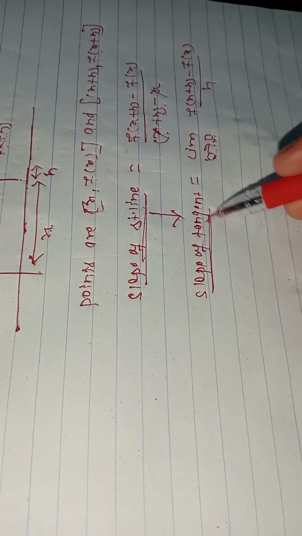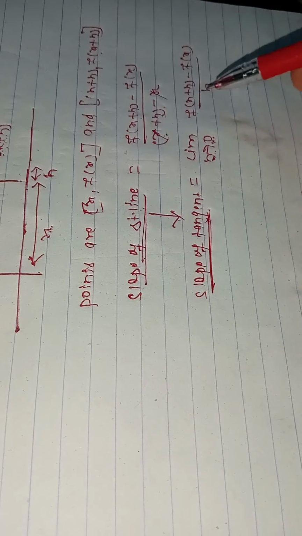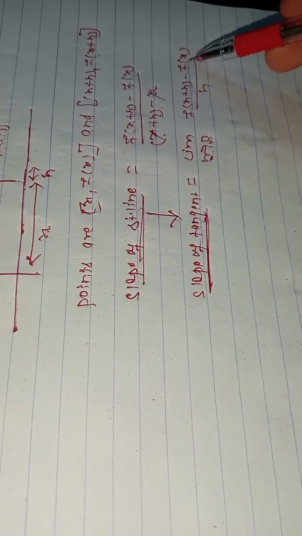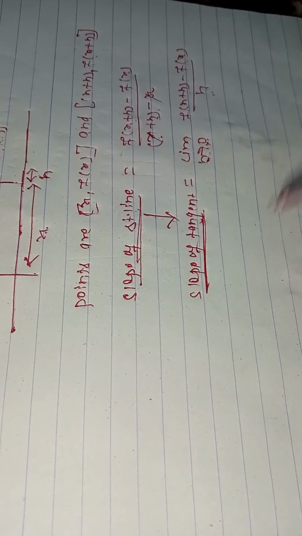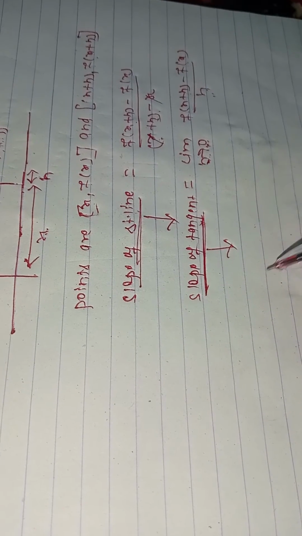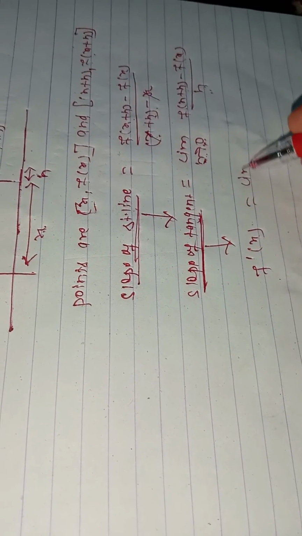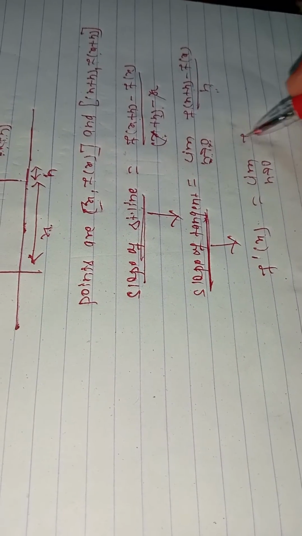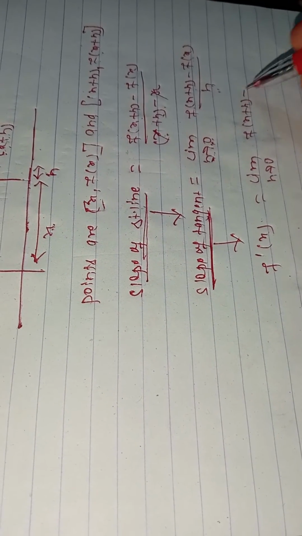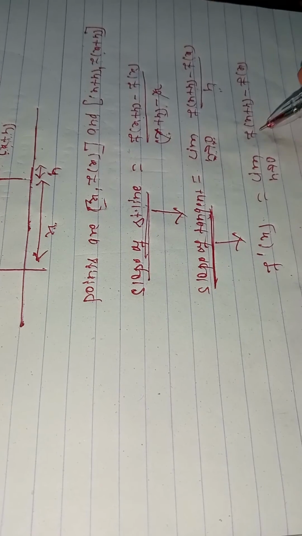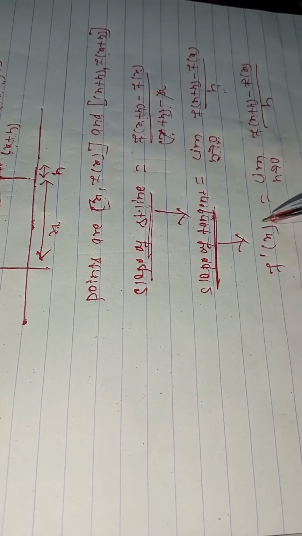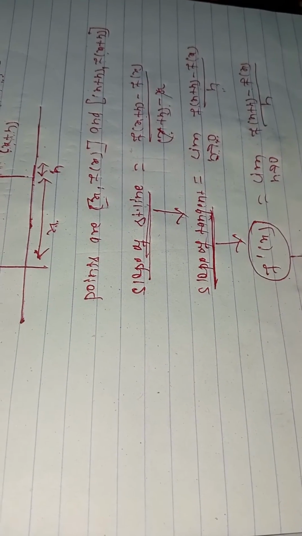So slope of tangent is f dash x, limit h tends to 0, (f(x plus h) minus f(x)) by h, and it is said to be the derivative.